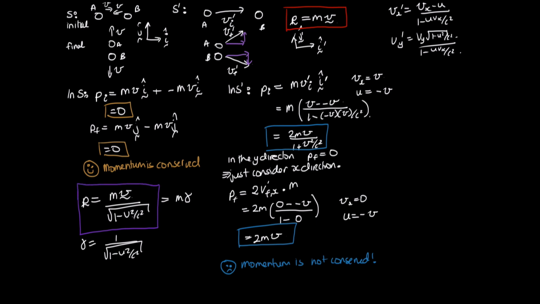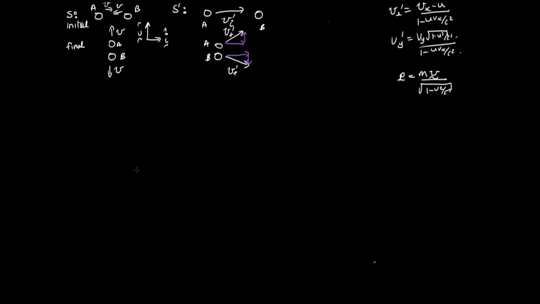So what we're going to do now is show that by expressing the momentum this way, we do end up with momentum conservation. So I shall clean down the screen and write this equation over here. Okay, so let's have a look at S again.